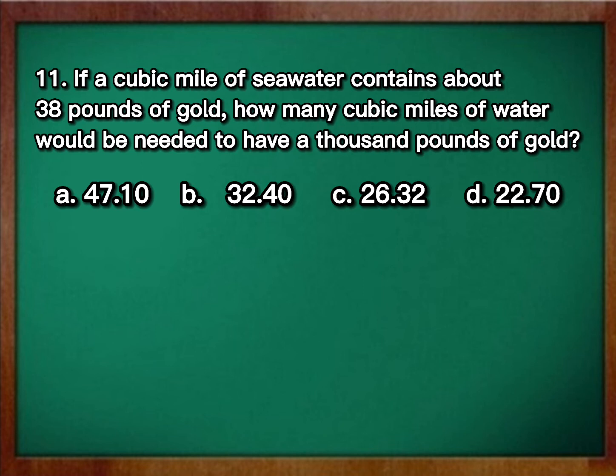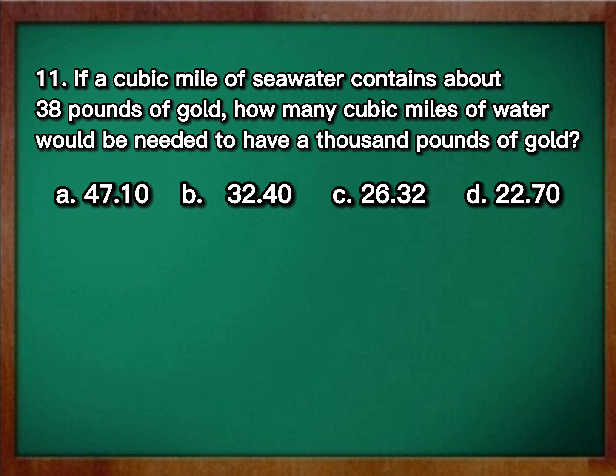Next, if a cubic mile of seawater contains about 38 pounds of gold, how many cubic miles of water would be needed to have 1,000 pounds of gold? So the question might appear very tricky because of cubic miles and something like pounds, but it's actually just 1,000 divided by 38.